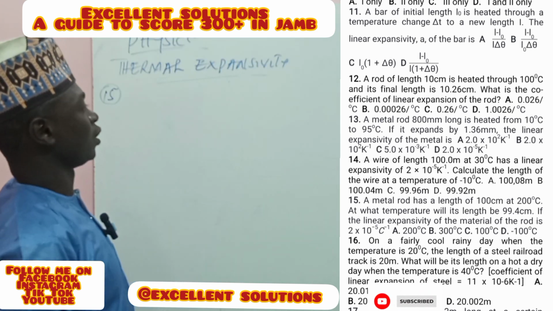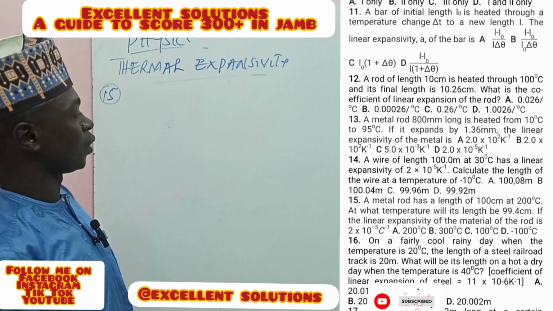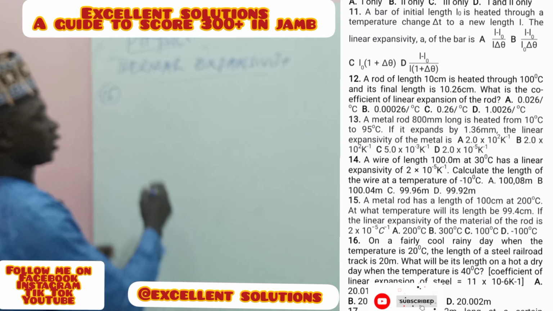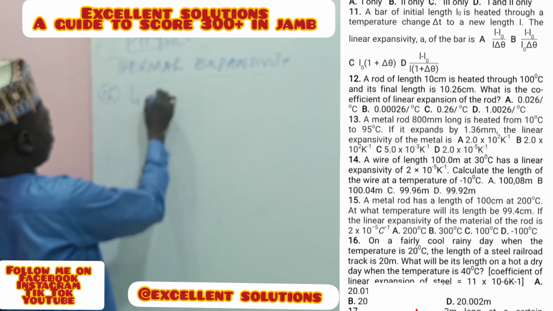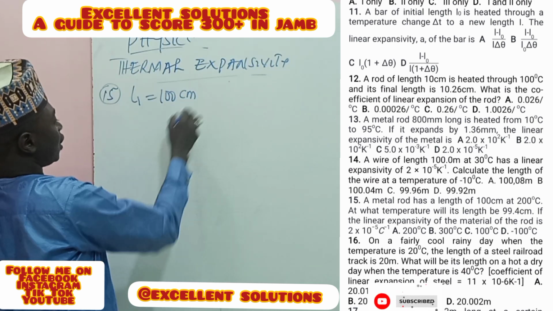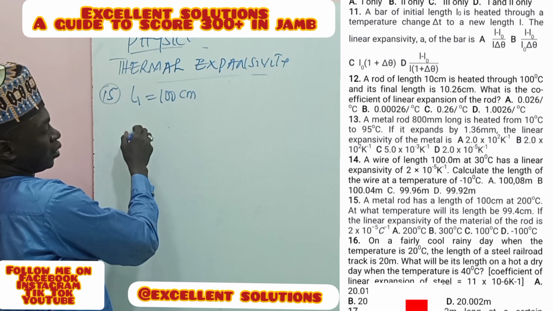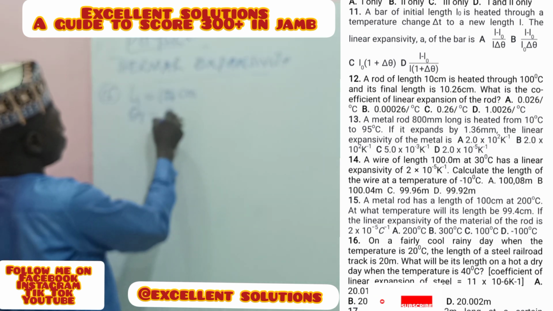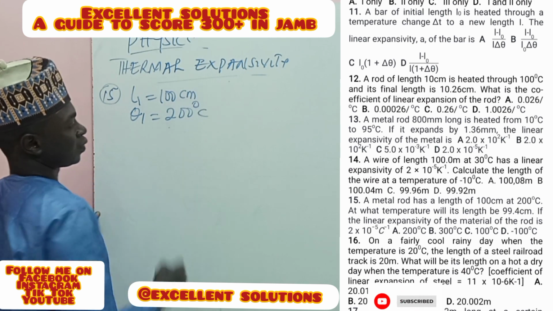The next question is question 15, and this question says a metal rod has a length of 100 centimeters. So L1 equals 100 centimeters at 200 degrees Celsius. So theta 1 equals 200 degrees Celsius.